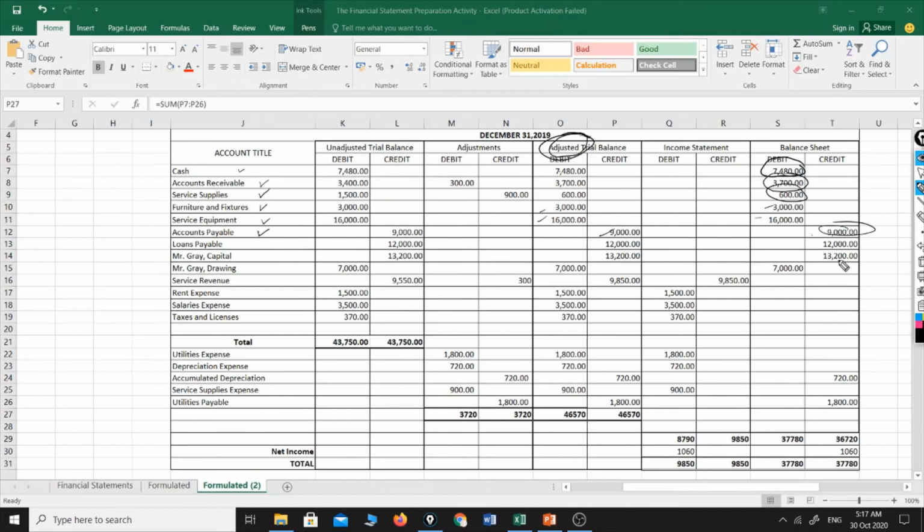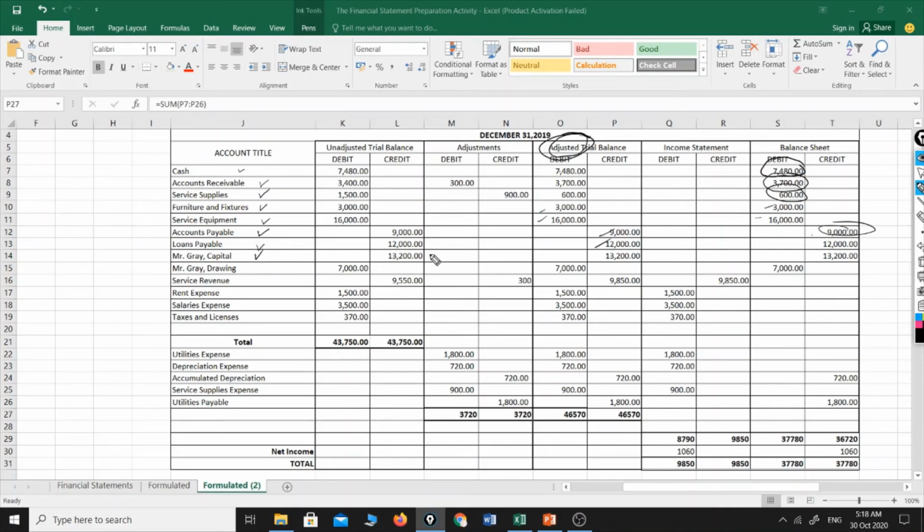On our credit side, of course, we just follow, guys, whatever side it belongs to from the adjusted trial balance. So next is loans payable with an amount of 12,000 credit. So we put that one on the balance sheet since it is a liability account. Next is Mr. Gray Capital, which is an owner's equity.